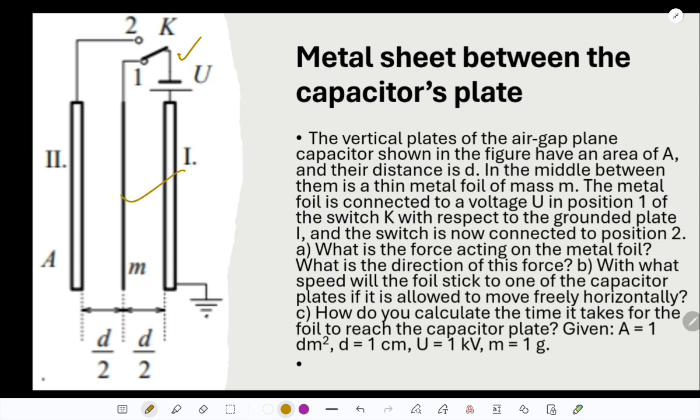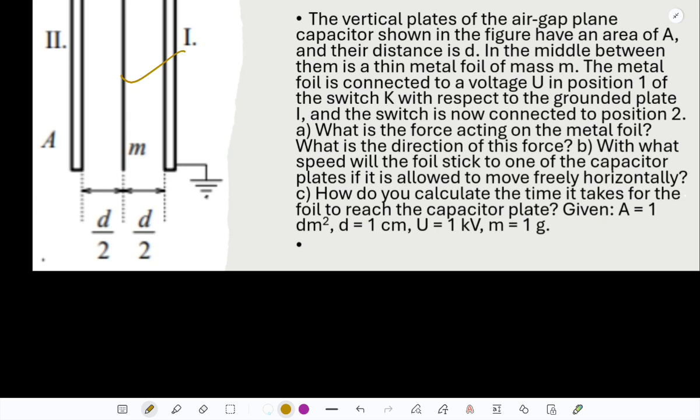And now I can see that the capacitor formed by the foil and the plate first has a capacitance equal to, I think, epsilon naught A by D by 2.